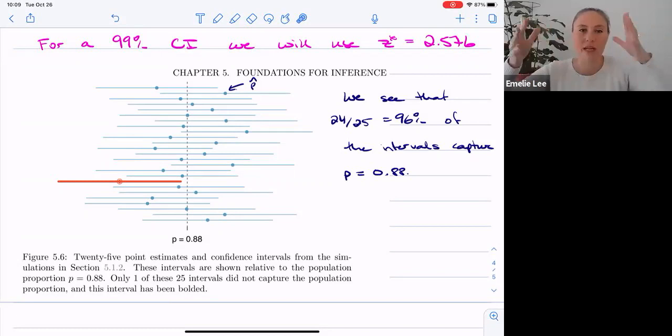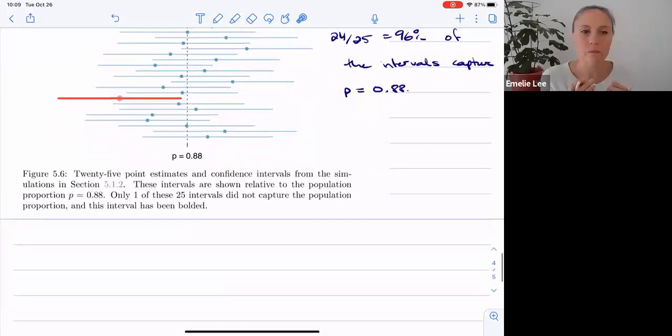We're trying to catch that fish with our net. We don't know where the fish is, so we're just going for it. When we interpret our intervals, that idea that we're only so certain that we've captured the parameter is going to be really important.